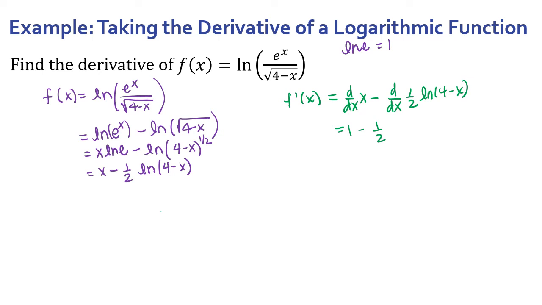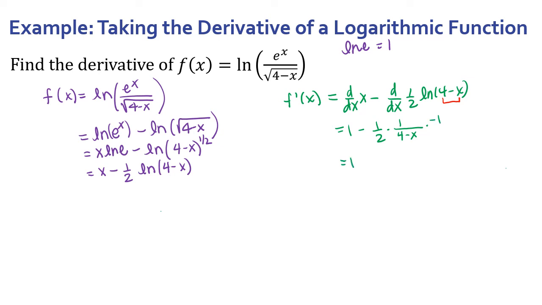So now I'm taking the derivative of the natural log of 4 minus x. So again, I'm going to have to apply that chain rule. So the derivative of the outside is 1 over x, but in this case it's 1 over 4 minus x because it's 1 over the inside function, times the derivative of the inside function. So the derivative of 4 minus x is -1.